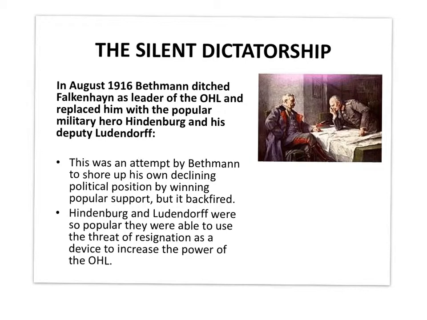Now, we've already seen, and we saw this in the previous lesson, that necessarily the German military, the army, had to be given control over the economy during World War I. Necessarily so, because they quickly realised to win World War I, you've got to mobilise the whole nation.